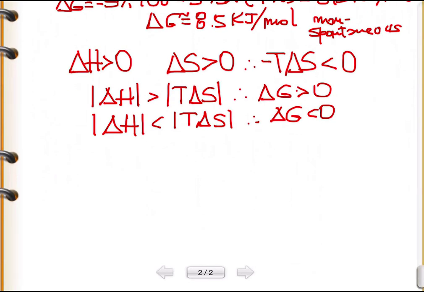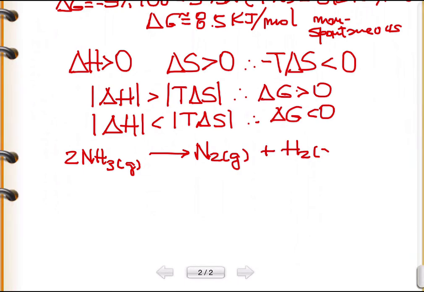Let's pick one case here. The decomposition of ammonia in the gas phase into nitrogen and hydrogen in the gas phase.